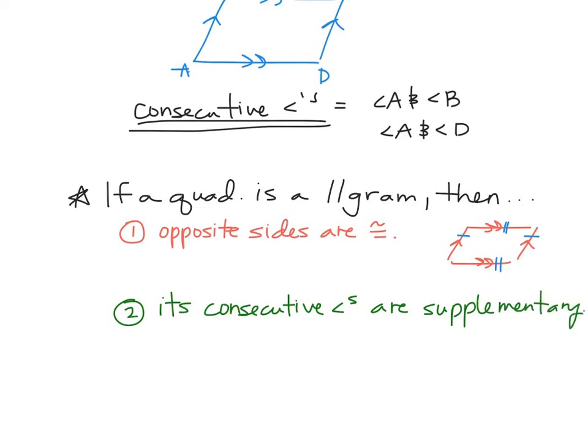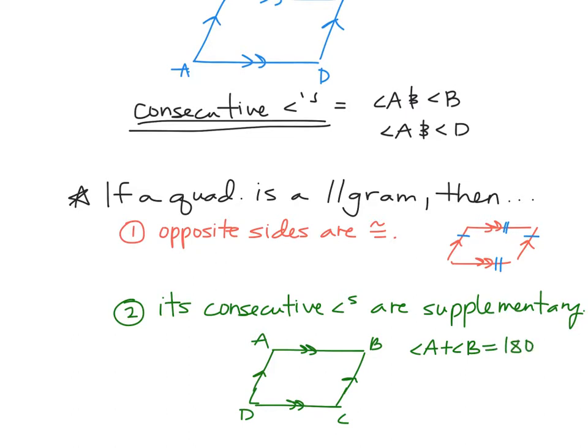Okay, so if we look at a picture of a parallelogram, and this is A, B, C, and D, it will always happen that angle A plus angle B will equal 180, right?